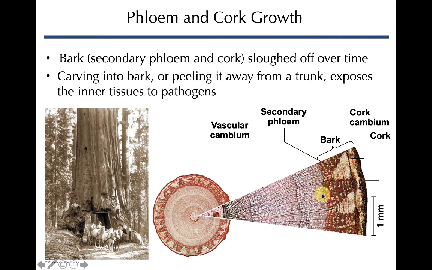Everything from the outside of the vascular cambium, which is why if you peel bark or you peel the outer layer of the tree away, that can be very damaging, because you're taking away the phloem when you take away the bark, not just the cork. And so not only does it expose the tree to pathogens, because remember, plants get sick too, it is also getting rid of their sugar transport system.